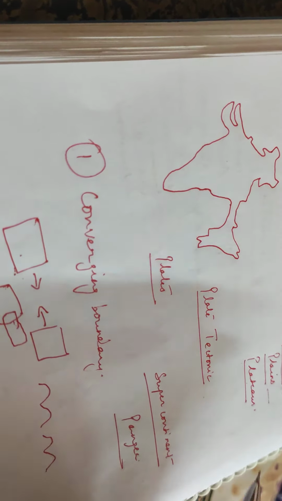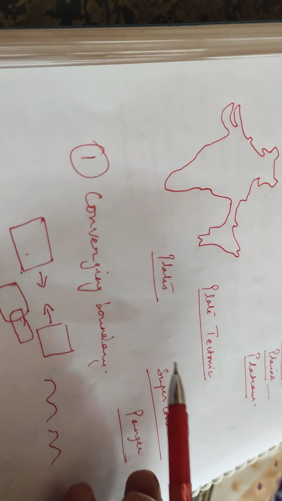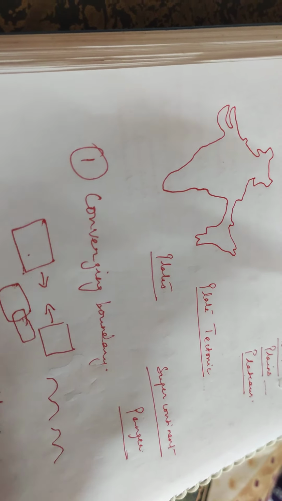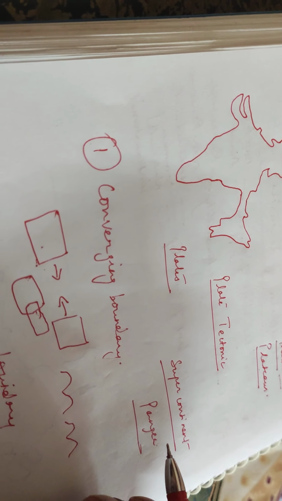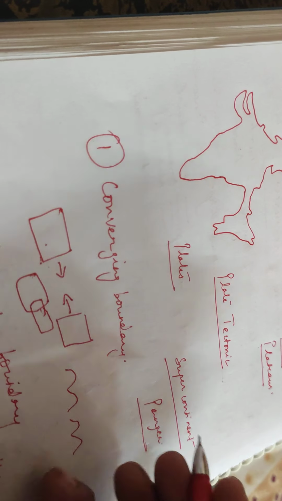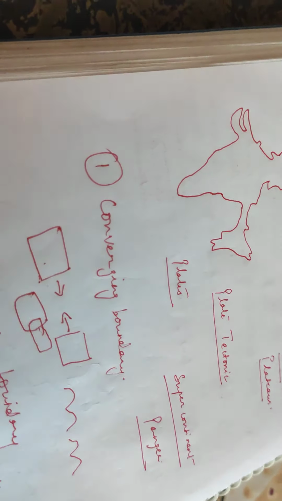As we have discussed earlier, the whole world was one single supercontinent called Pangea. Now what happened when this Pangea started breaking into the different continents that we see today?